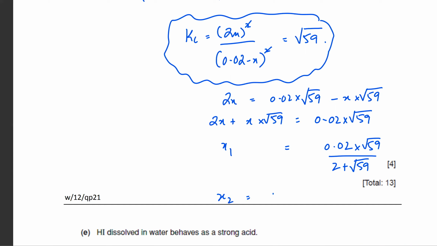And x2 would be 0.02 into 59, with 59 under root having a negative value. So this would be minus, divided by 2 minus 59 under root. So try and figure out the values of x1 and x2. What are you getting for this?